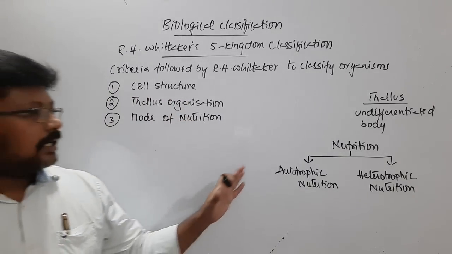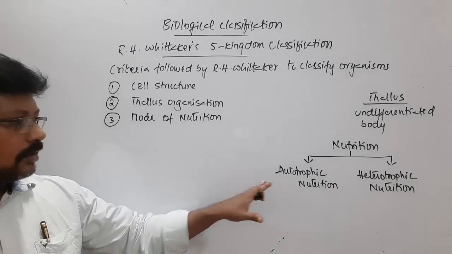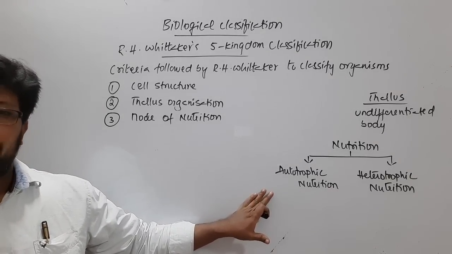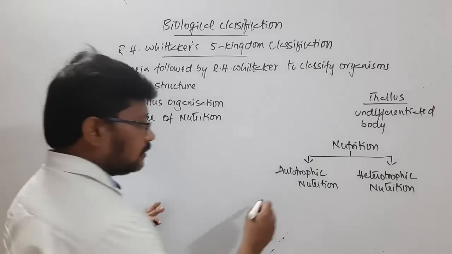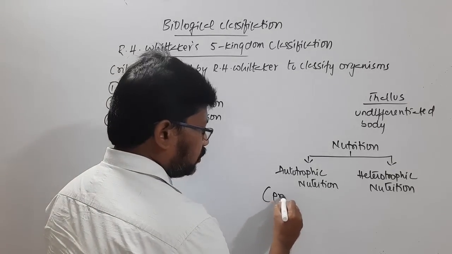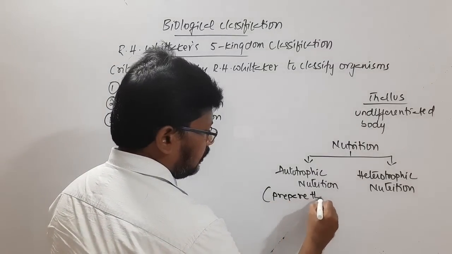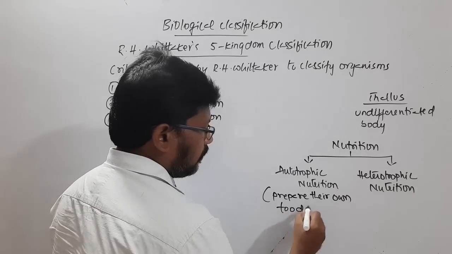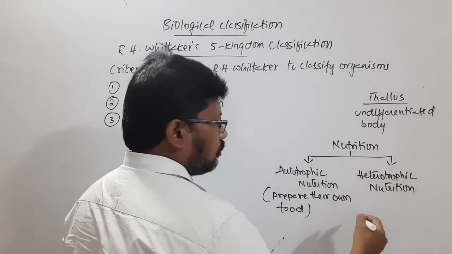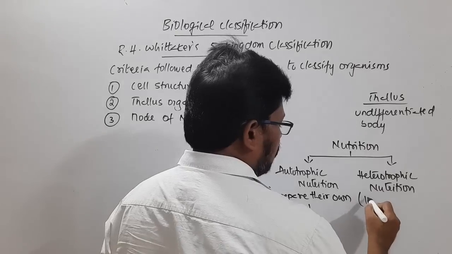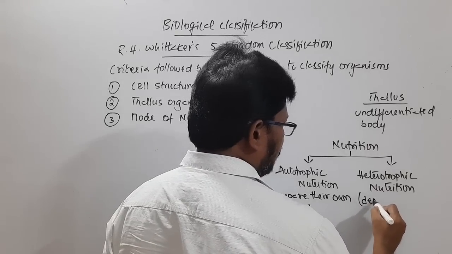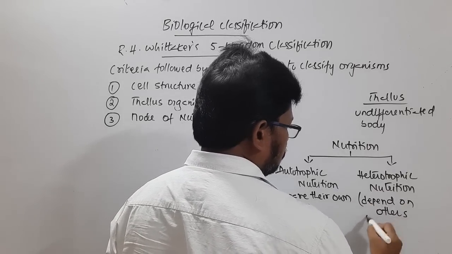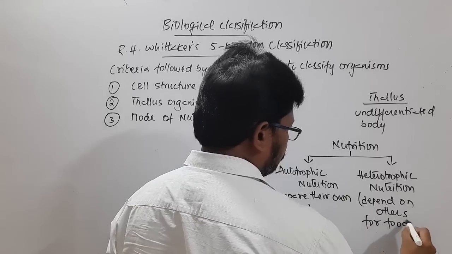Autotrophic nutrition means the organisms prepare their own food, whereas heterotrophic nutrition is in those who depend on others for food.